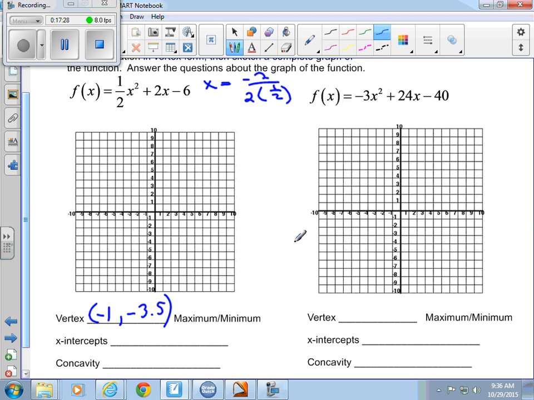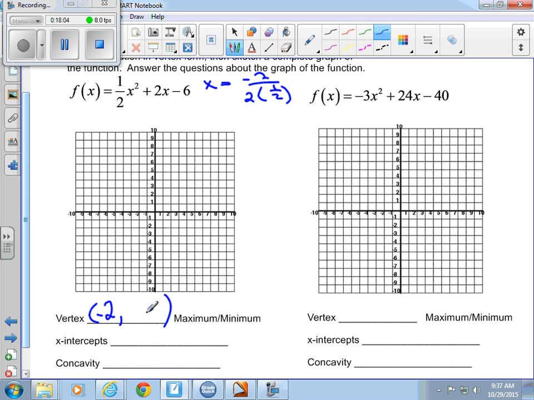Let me check. Use a calculator. Oh, -2 for what? The x value or the y value? Oh yeah, it's definitely -2. You're right. Thank you. Because 2 divided by 1 is definitely 2, not 1. Good call. -2.